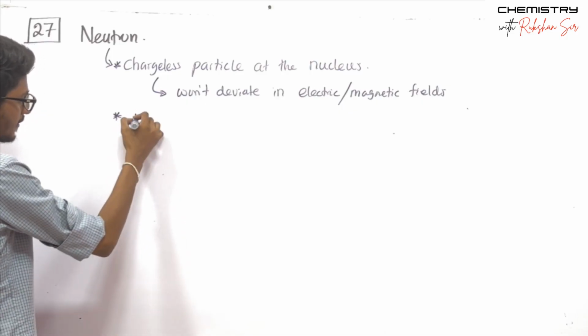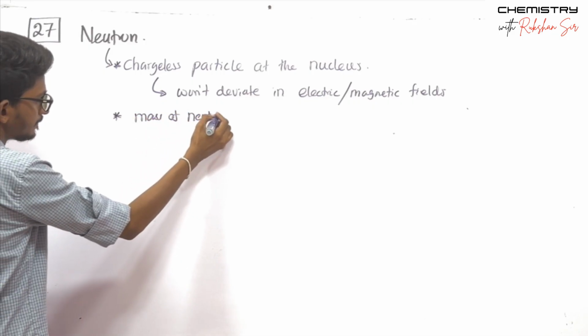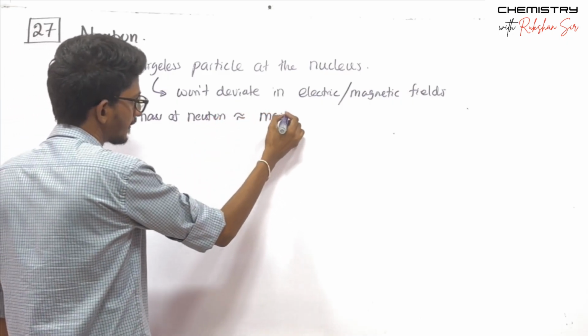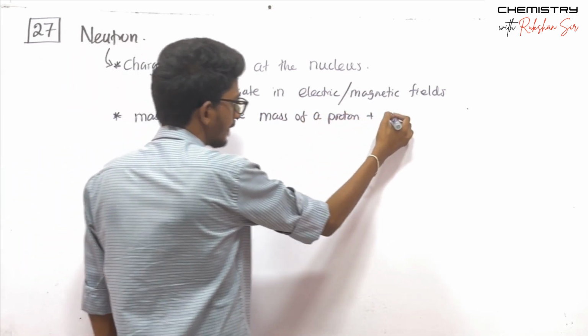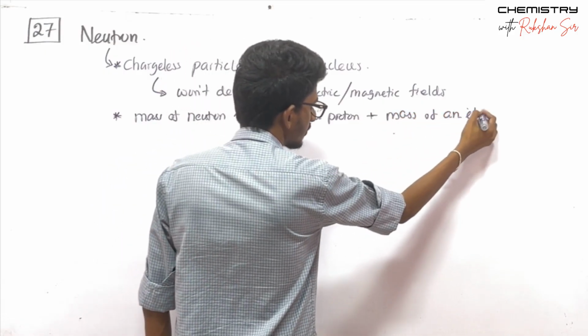When it comes to mass, the mass of the neutron is closely equal to the mass of the proton plus the mass of an electron.